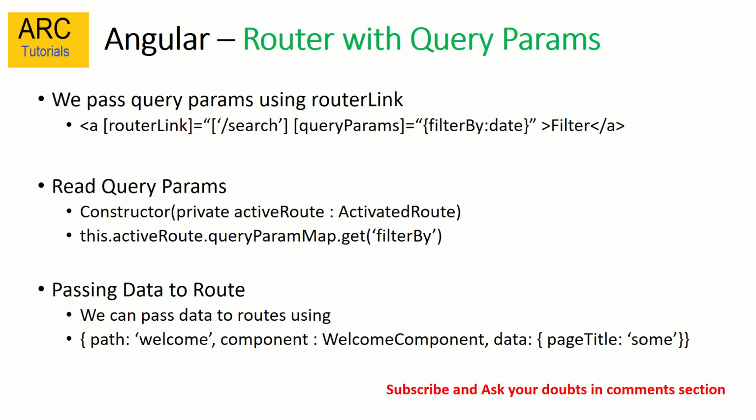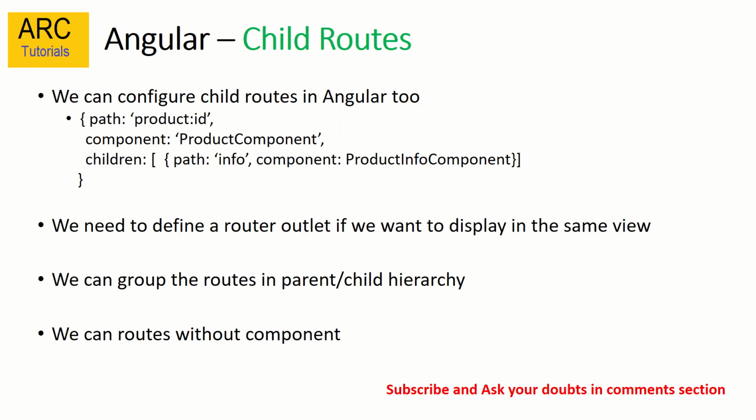Just so you know, we can pass query params in the router link using router link, search and then query params. To read the query params, we'll use a class called ActivatedRoute to get the data. And for child routes, we can configure multiple children inside a particular route.